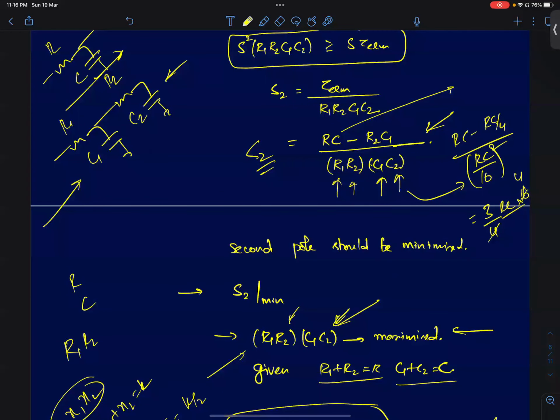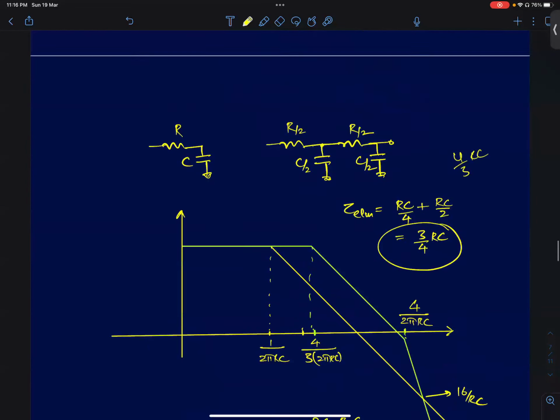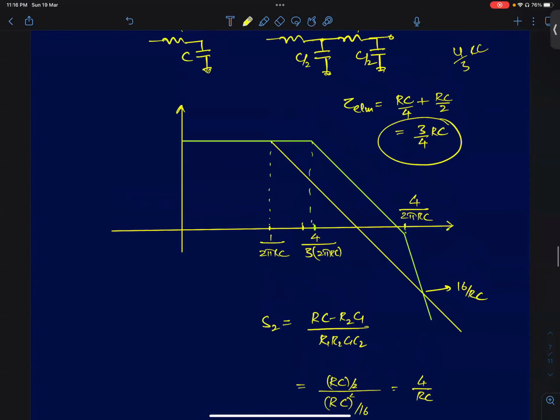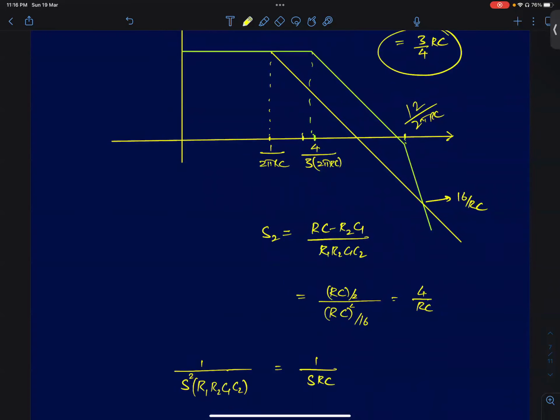So this is RC square by 16. So what you get here is 12 by RC. Okay, I think I made some small calculation mistake here. So this term is not RC by 2, it is 3 by 4 RC.